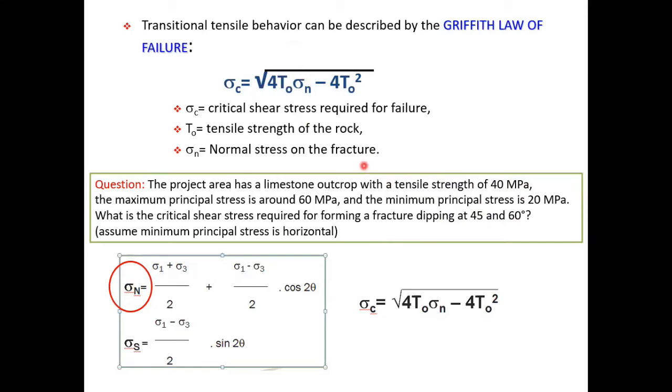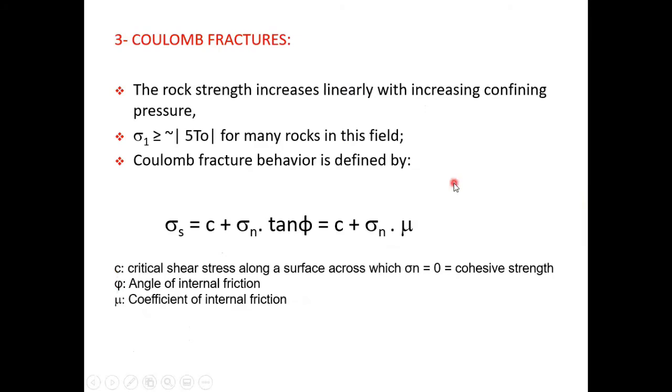So you find the critical shear stress required for failure in order to form a fracture with a 45-degree dip angle. Then you solve the same question for the 60-degree dip angle. In this case, angle theta will be 60 over here, and you will use the same parameters for the rest of the equation. Please try to solve this equation and this example. The more examples you solve, the better you will be prepared for exams and also future structural analysis.